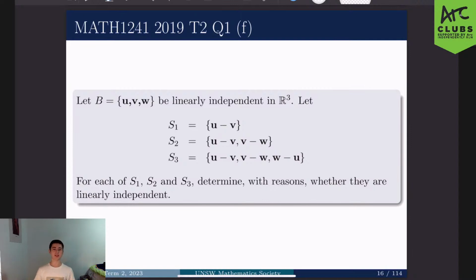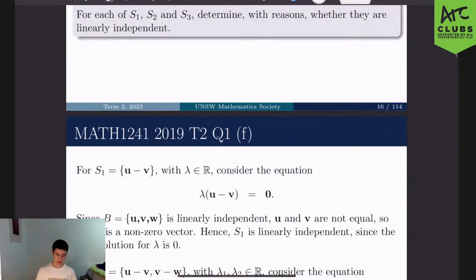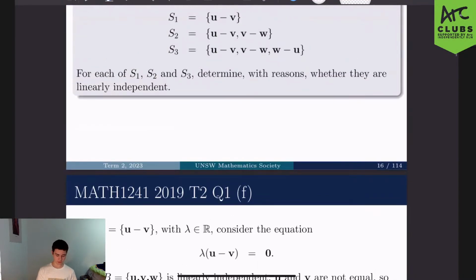Now, because u and v are linearly independent, stated in the question, they're not going to be equal, so the only way to make 0 out of linear combinations of just this one vector, u minus v, is to have a multiple of 0.